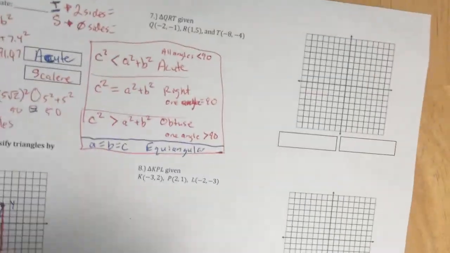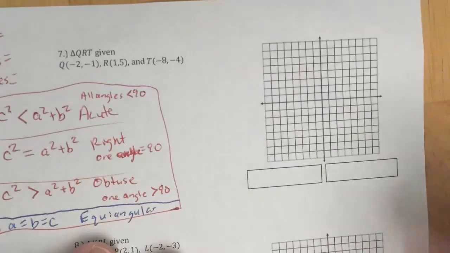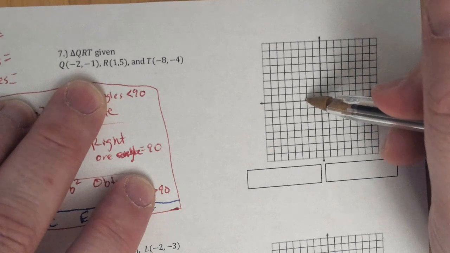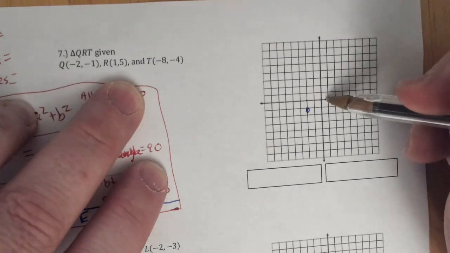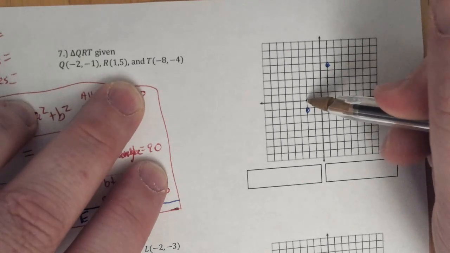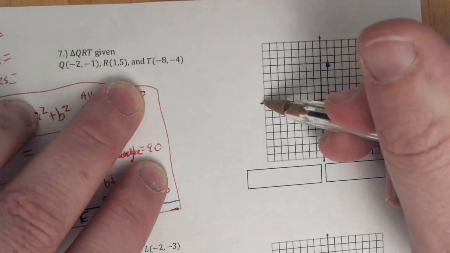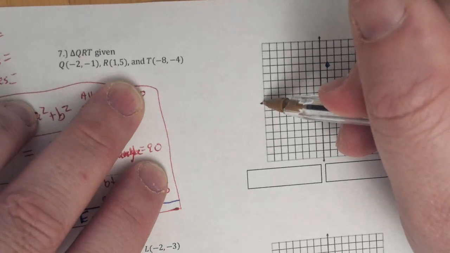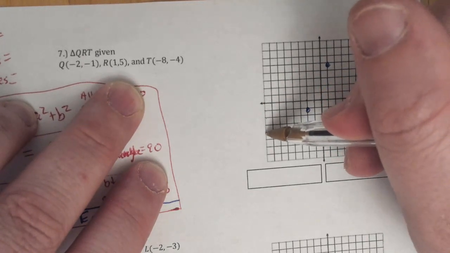And number 7. All right, so number 7, we have -2, -1, +1, +1, 2, 3, 4, 5, -8, 1, 2, 3, 4, 5, 6, 7, 8, -4, 1, 2, 3, 4.